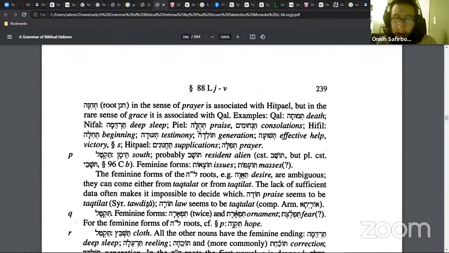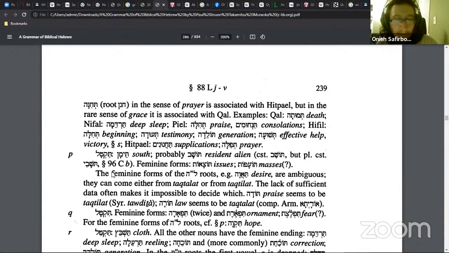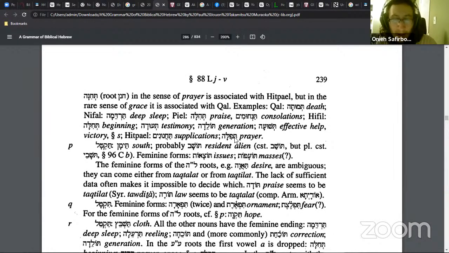So Tahal has the Tav added at the beginning. And Yalad means begotten, but Talid means generation. Prayer is Tephalim or Tephalin.